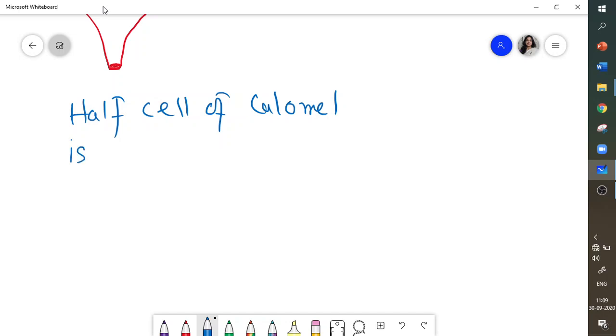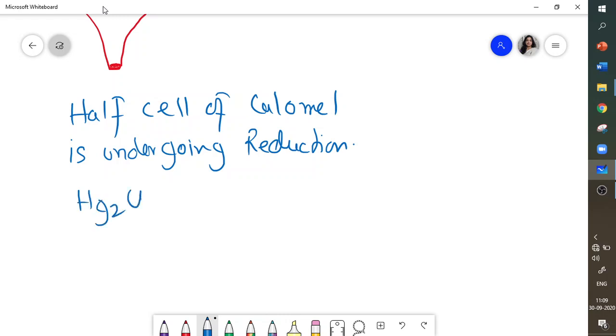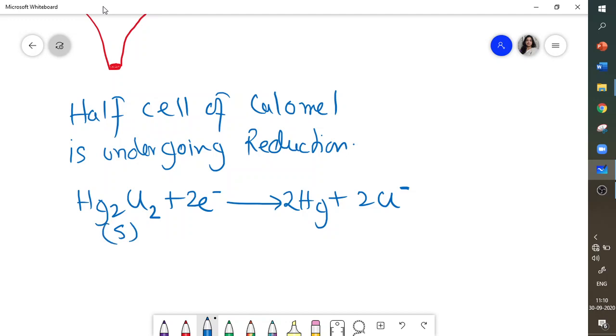Just to make you understand, suppose this half cell of calomel is undergoing reduction. How will this reduction reaction occur? Hg2Cl2 plus 2 electrons gives 2 moles of Hg plus 2 chloride ions. Here Hg2Cl2 is solid because its Ksp value is very small, 10 to the power minus 18.